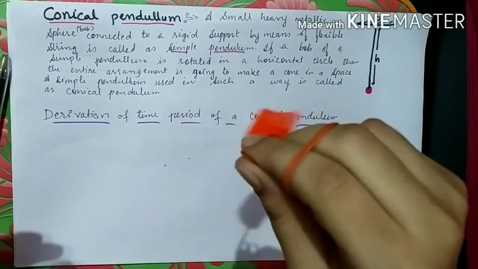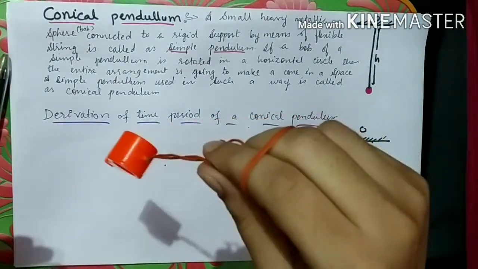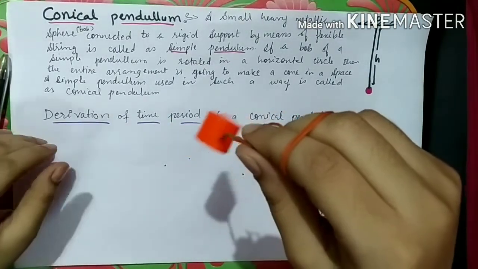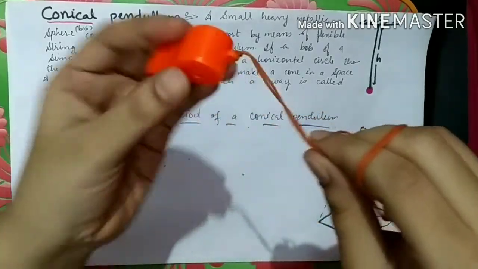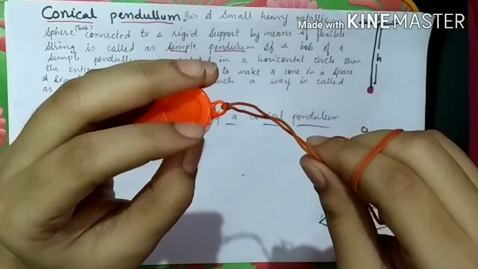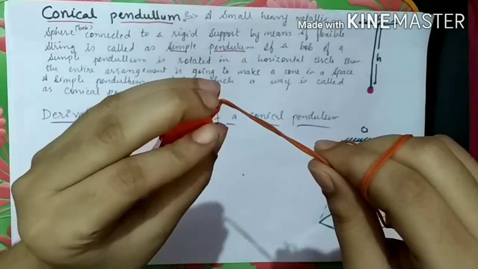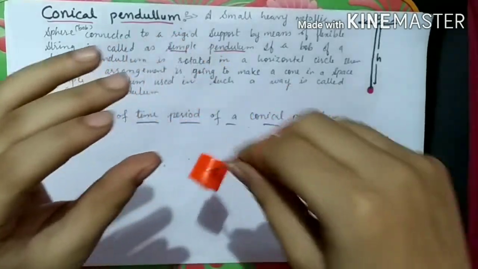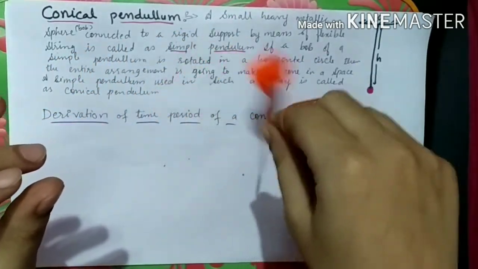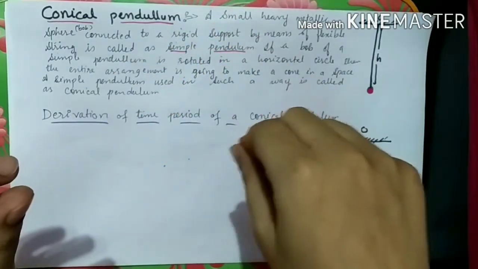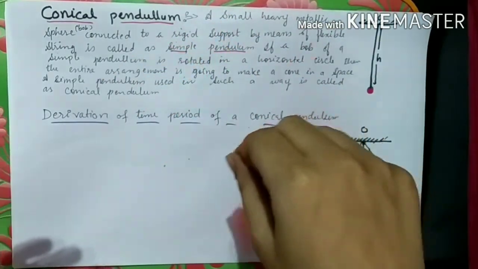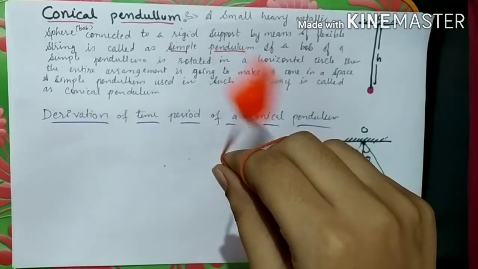See, it is performing linear oscillation. Second, I can move this stone or this bob in a horizontal circle so that it describes a horizontal circular motion. I can use it in two different ways.